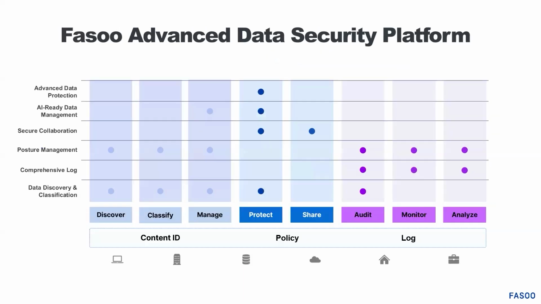So at Fasoo, we have a lot of different capabilities as part of our platform. You can see there on the bottom, we have some of these elements that I've been talking about. This content ID or persistent ID is a way to easily manage the metadata that is around these particular documents so that you can then get a better understanding of what is relevant data and what is valuable data.